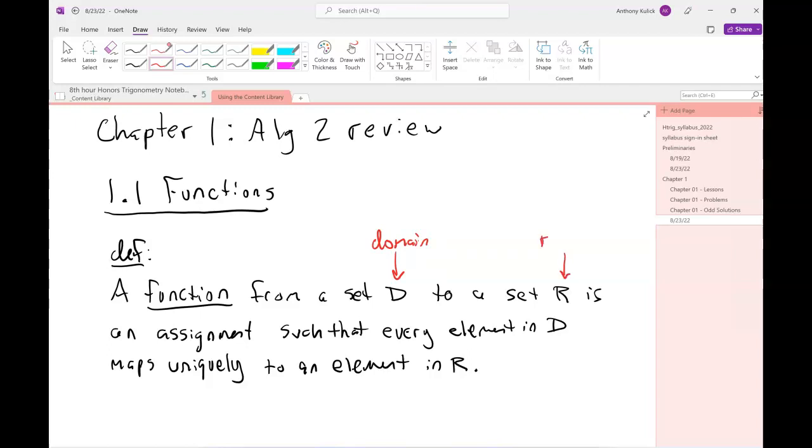And this set R, we call the range. So domain are the inputs to your function, and the range is the outputs of our function.